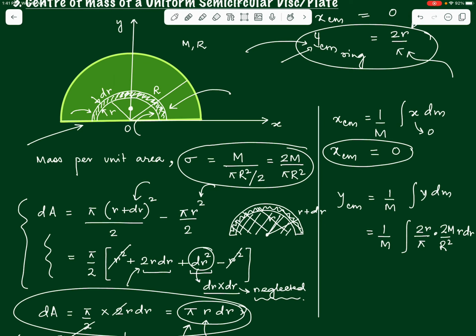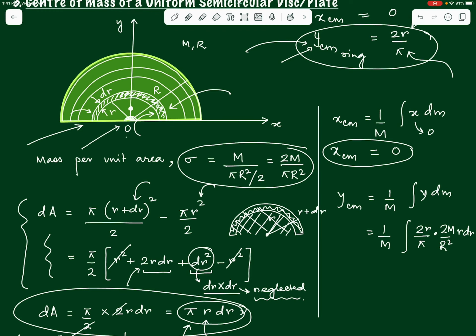What will be the limits of integration? Do you see that here our half ring, as we take up different half rings, this half ring we have taken for a radius r, then we will take a bigger half ring of a bigger radius, then a half ring of a greater radius, and finally we will reach the half ring having a radius equal to capital R. And what will be the smallest possible radius? The smallest possible half ring that we will have here will be the half ring which will have a radius which is almost 0.